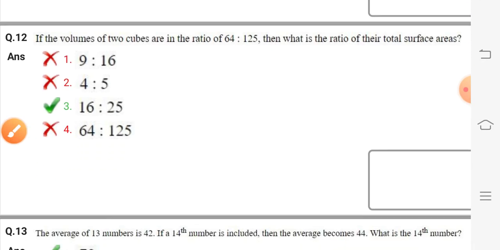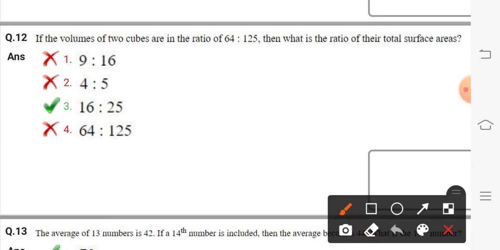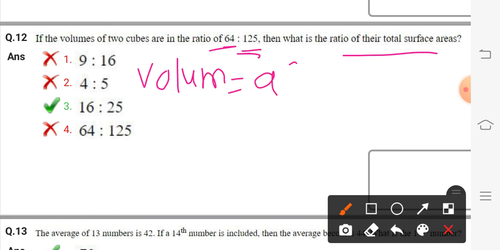If the volumes of two cubes are in the ratio 64 is to 125, then what is the ratio of the total surface areas? The cubes' volume ratio is 64 is to 125. The formula for the volume of a cube is side cube. So which cube is 64? 4 cube is 64 and 5 cube is 125.